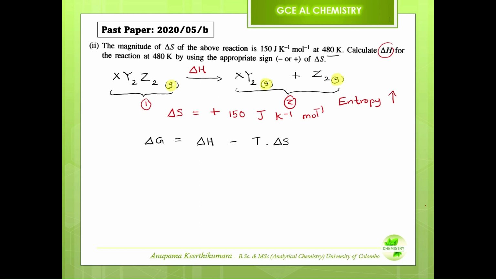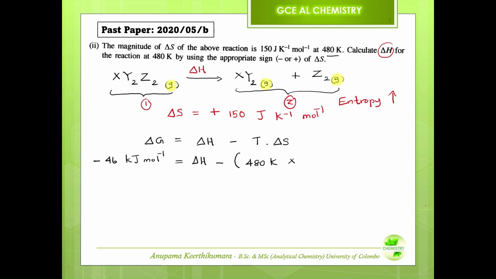Now, we will substitute values for this equation. Delta G, we have calculated earlier. It's minus 46 kilojoules per mole. Then delta H minus temperature is 480 Kelvin.